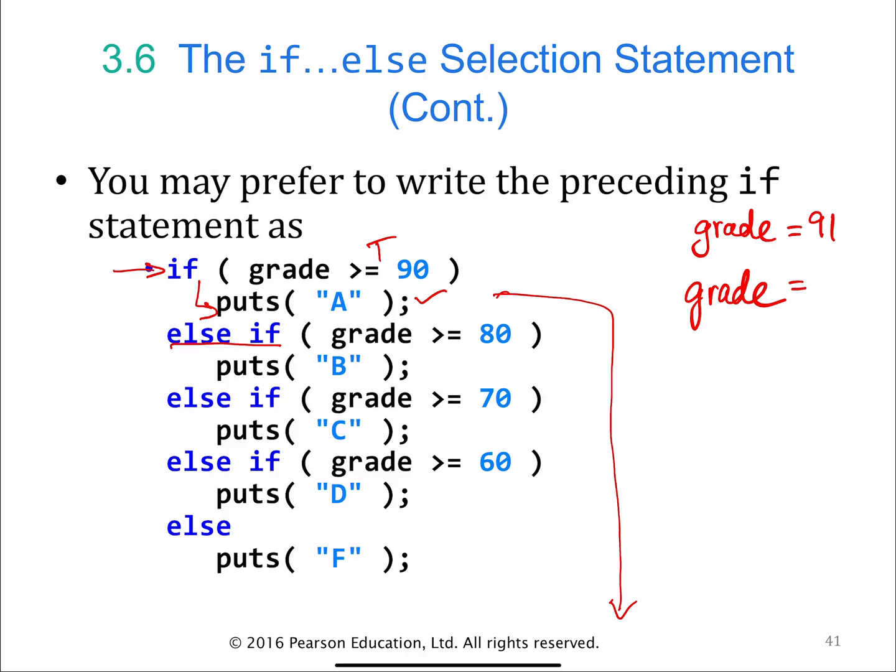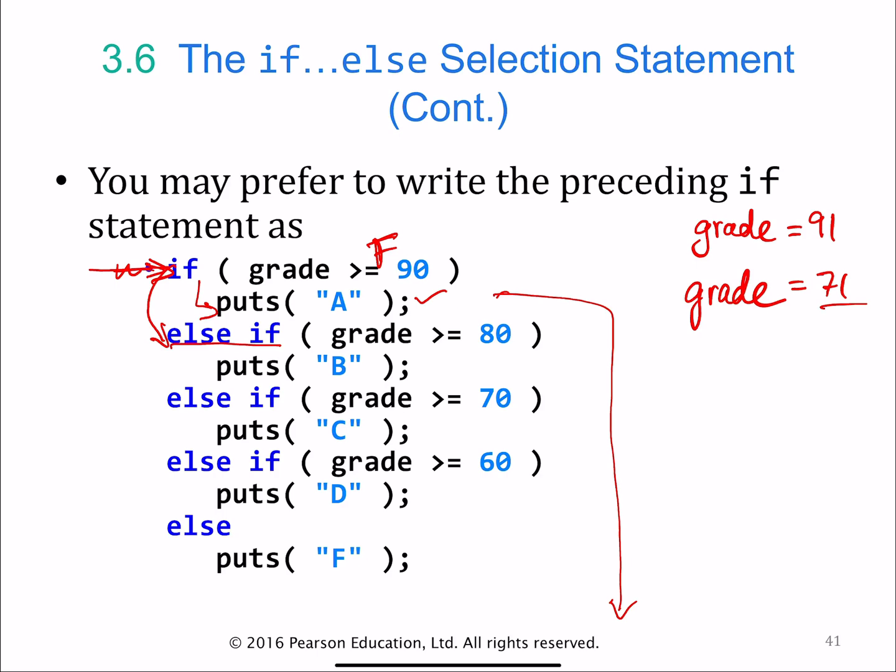Fine. But let's say the grade for another student is 71. What will happen for this student will be slightly different. We try to evaluate the first if statement. It'll be false. We skip over that block. We jump to the first else if block. We check if grade is greater than or equal to 80.